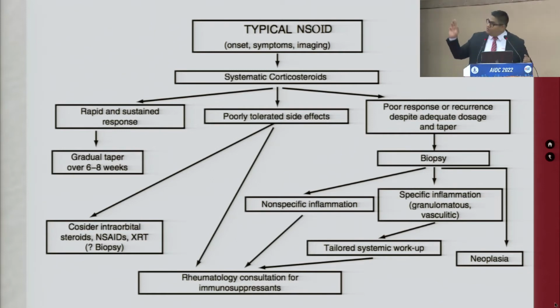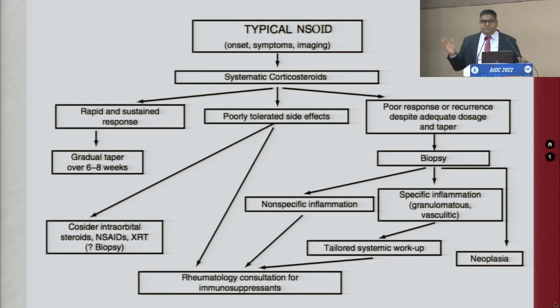If you get a good response, then you gradually taper it. If the response is good but the patient is unable to tolerate it, then you must consider even intraorbital steroids. We often give Kenacort or triamcinolone injections into the orbit, such that the patient has some relief from the local depot steroid, which doesn't cause the systemic side effects.